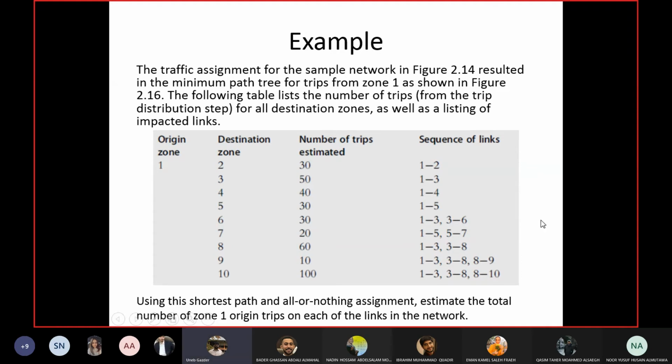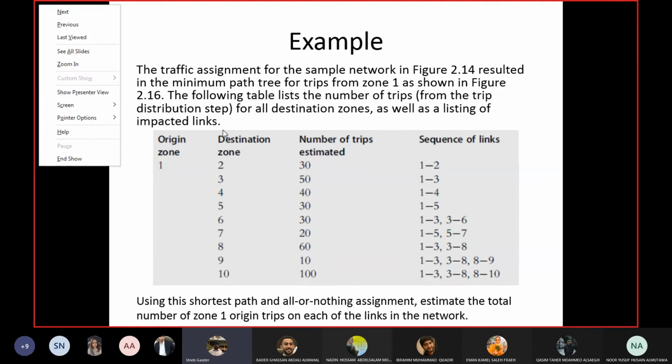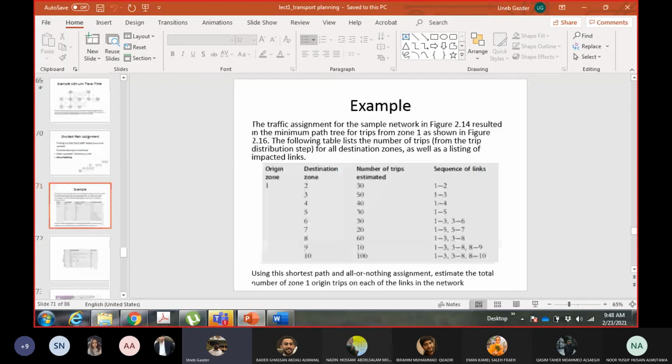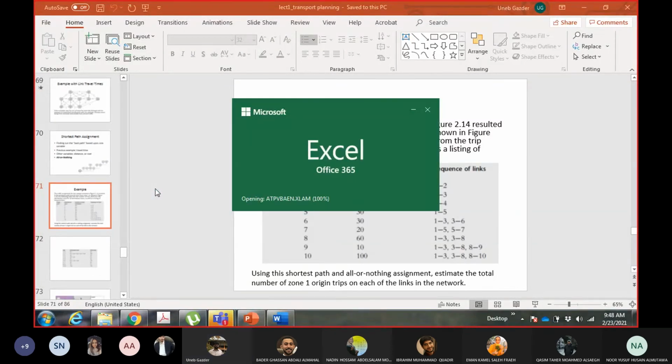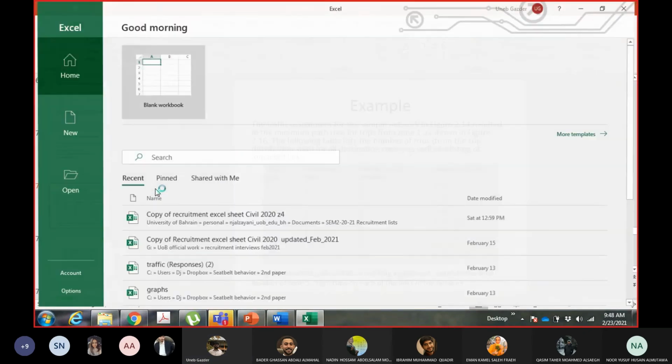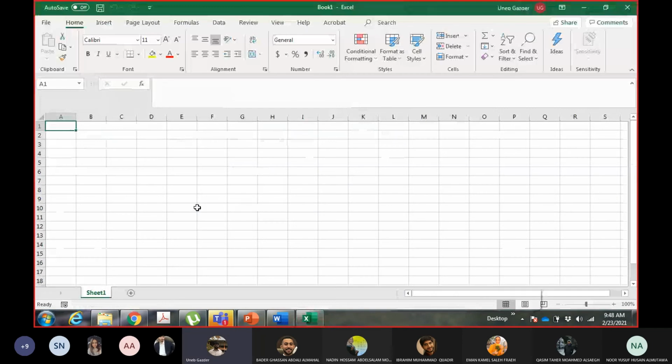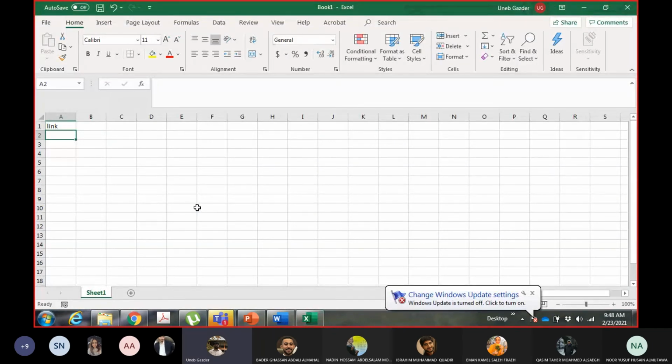So if I calculate the number of trips, let me come here. I will add the link here and the trips here.